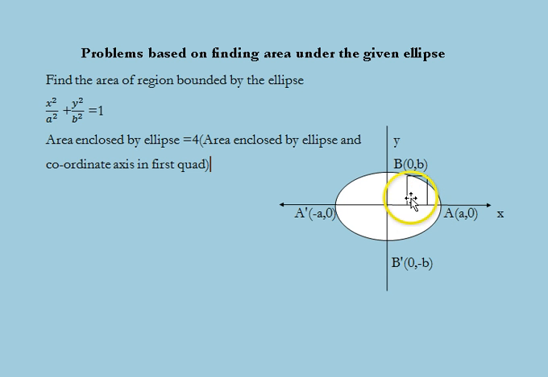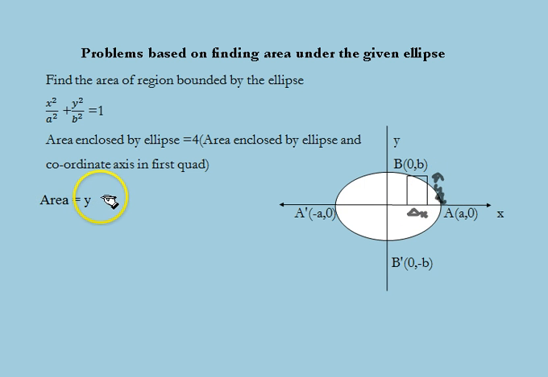Here we slice the area in the first quadrant into vertical strips as shown. Each vertical strip has its lower end on the x-axis and its upper end touches the ellipse. So the approximating rectangle shown in this figure has width delta x and its length is, let's say, y.